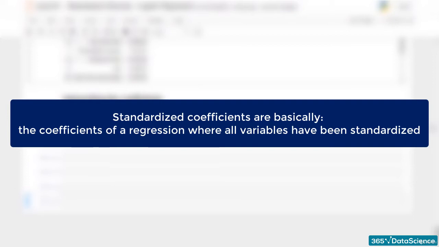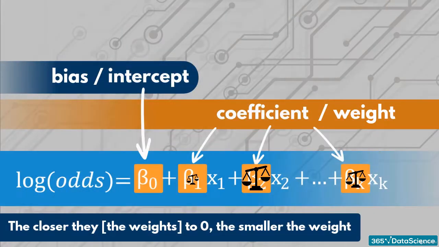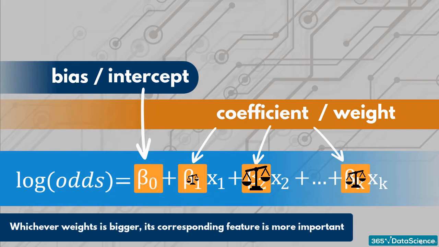Other packages and software include the standardized coefficients because they allow for a simple and easy-to-understand comparison between the variables. Since, in such cases, the features are standardized, they all have a variance of 1, or the same scale. And whenever the scale is standard, or the same, that is, we can simply say, whichever weight is bigger, its corresponding feature is more important.